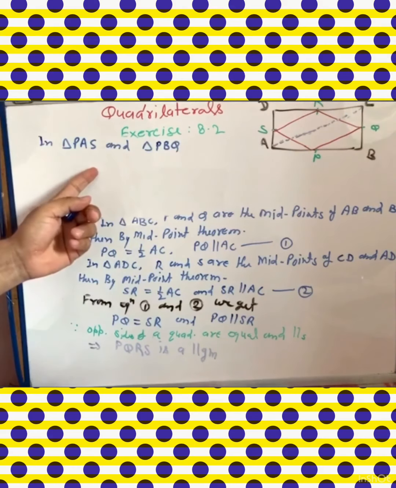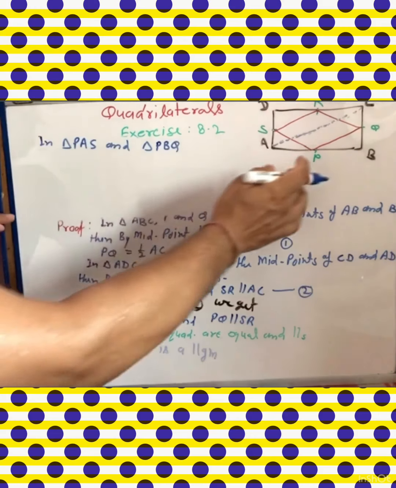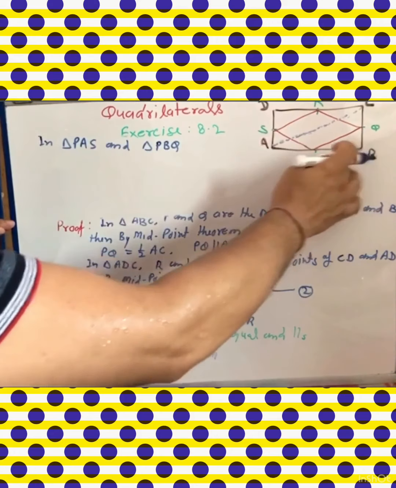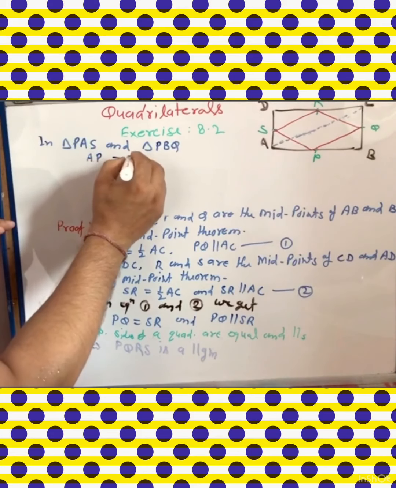So what to say in these two triangles? In these two triangles you can say that AP equal to BP.